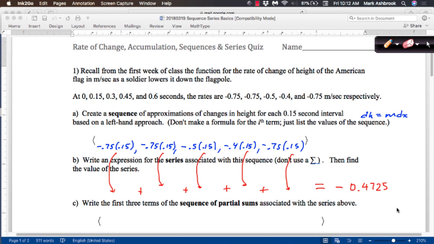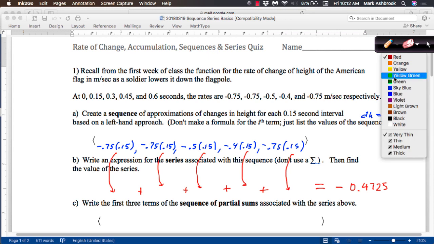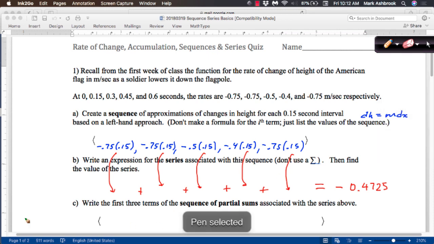Okay, the sequence of partial sums. If you got some kind of sequence here, maybe you got this wrong, but in part B, the important thing is that you just showed adding all those together. And then in part C, what is the sequence of partial sums? So what's the first term in the sequence of partial sums?